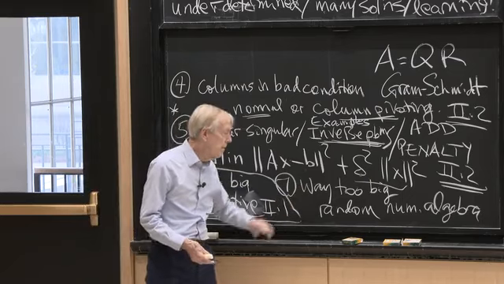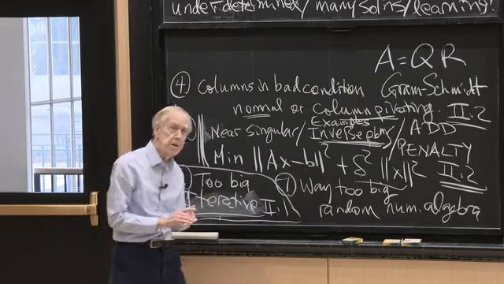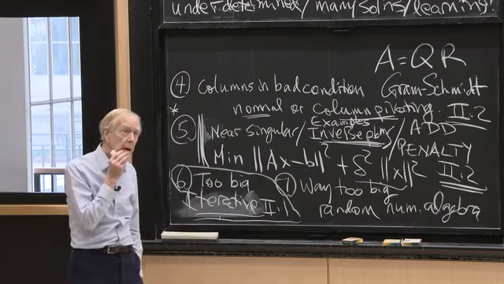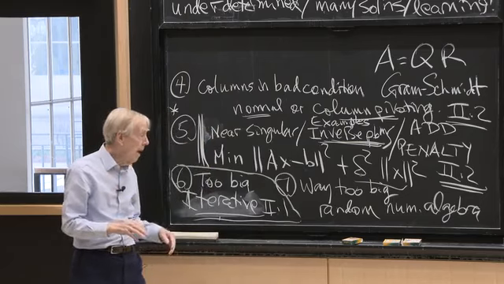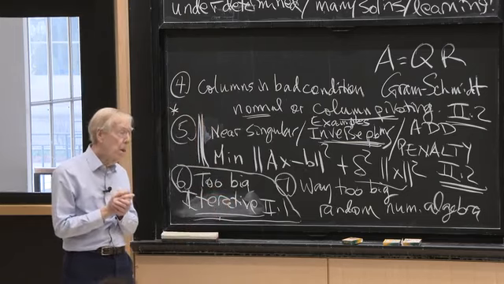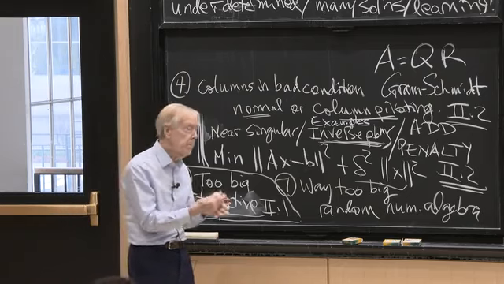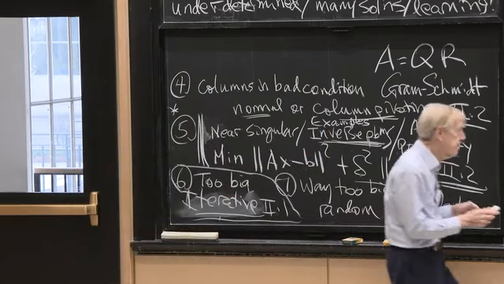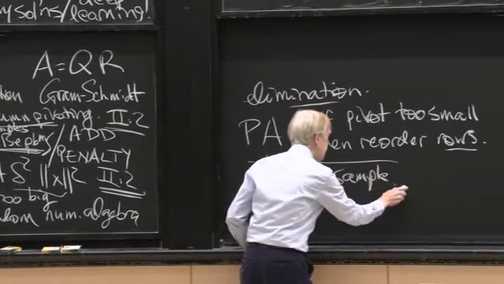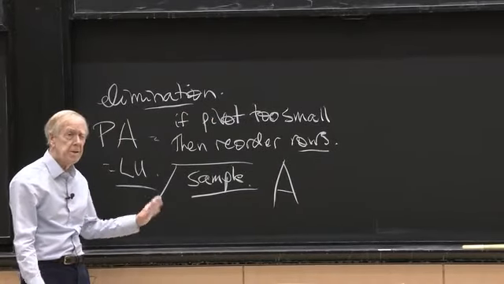So if the matrix is way too big but not too crazy, so to speak, then you could sample the columns and the rows and get an answer from the sample. What does sampling mean? Let me add a little to this thought. Sample a matrix. So I have a giant matrix A. It might be sparse, of course.